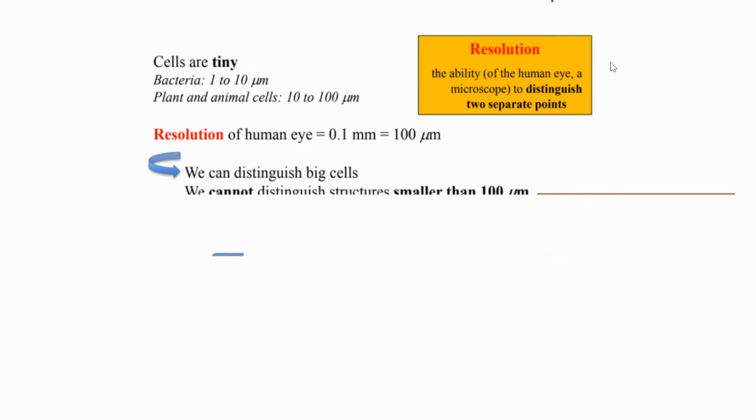So we can only distinguish big cells. We cannot distinguish cells smaller than 100 micrometer in size. So that means that the resolution of the human eye is 100 micrometer. So basically resolution means how distinctly we can separate two points which are very close to each other.